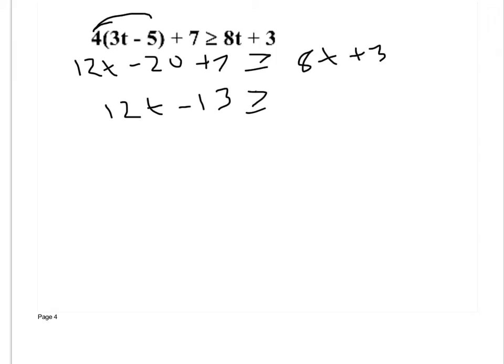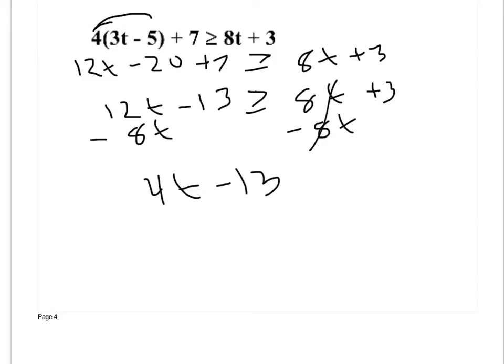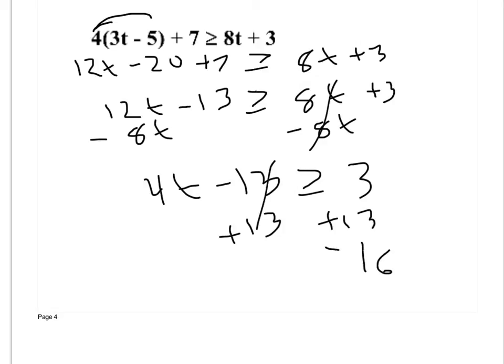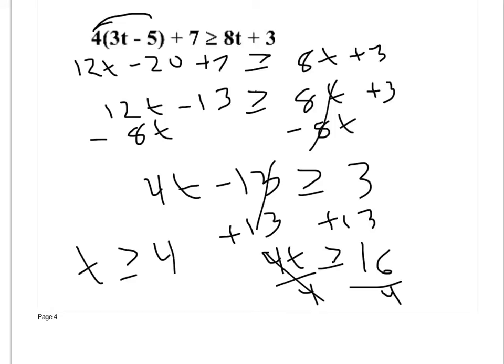I would go ahead and subtract 8t to both sides. Cancel out. We're left with 4t minus 13. It's greater than or equal to 3. We add 13 to both sides. Gives me 16. 4t, we divide by 4. So t is greater than or equal to 4.